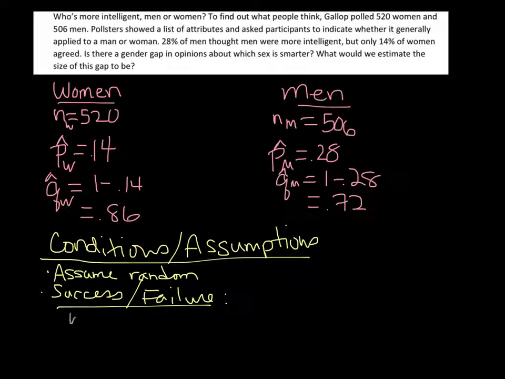So for women, you are going to do the n_W times p hat W, and you also are going to do the n_W times the q hat W. You do the same thing for men.